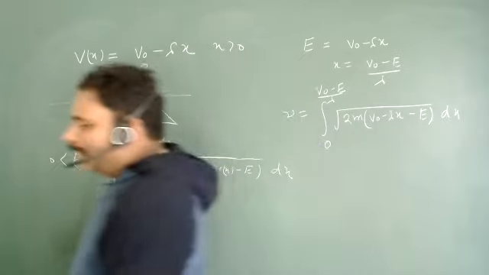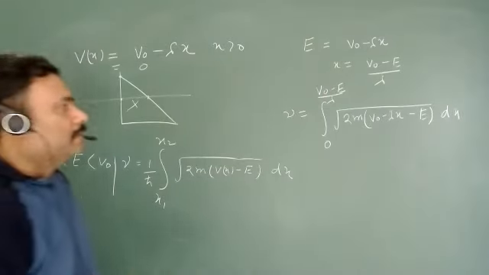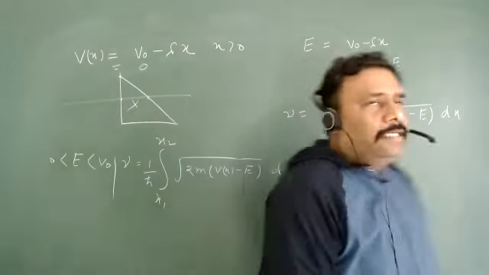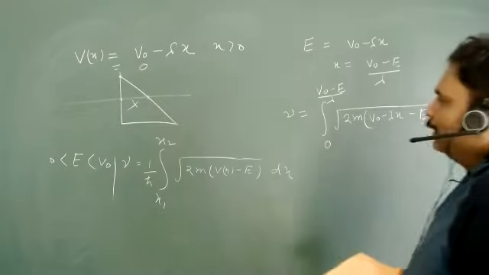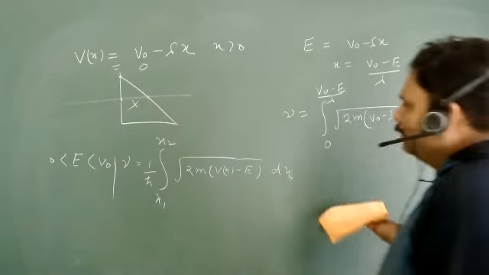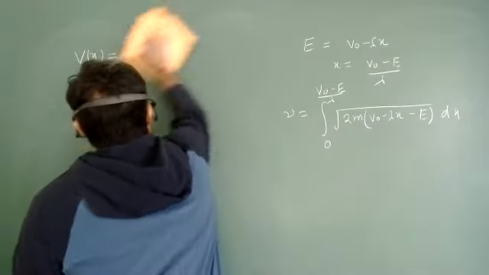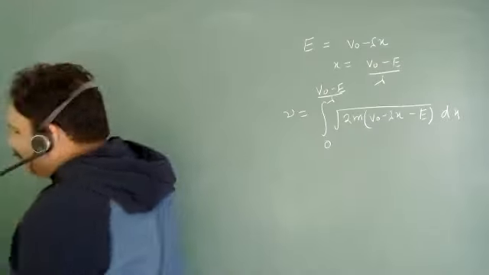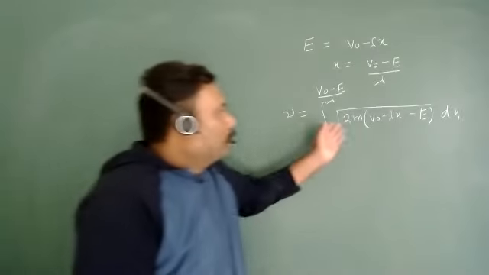It looks very clumsy, but it is not a tough integration. It is a very easy integration. Why? Can anybody tell me? Linear. Because the potential is linear. If the potential is linear, it's just a matter of one or two steps.